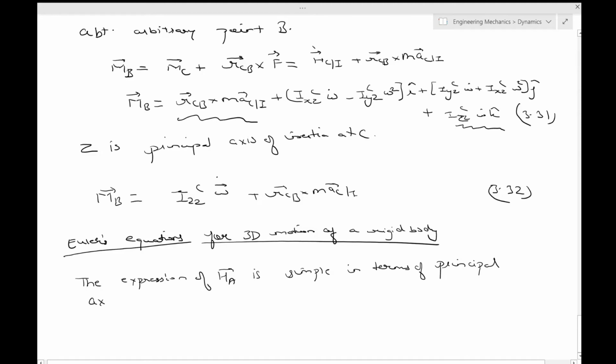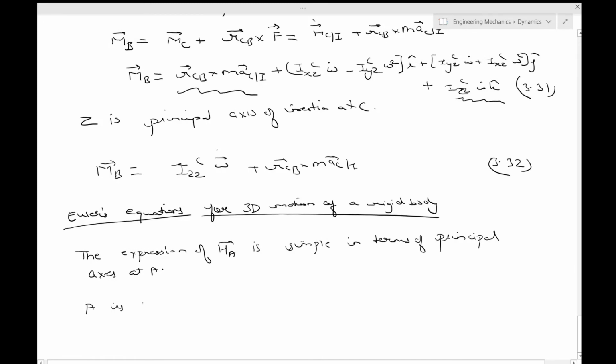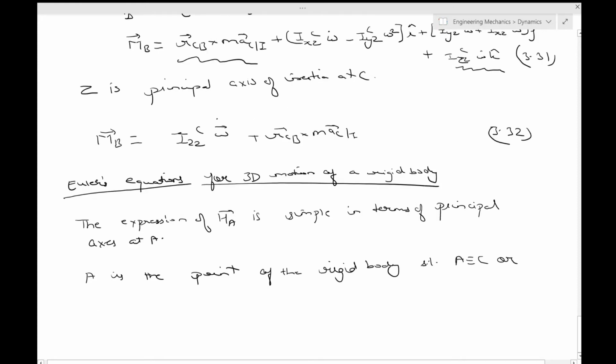Principal axis at A, and A is the point of the rigid body such that A is the same as center of mass, or the acceleration of A in the inertial frame is 0, or AI is along AC.